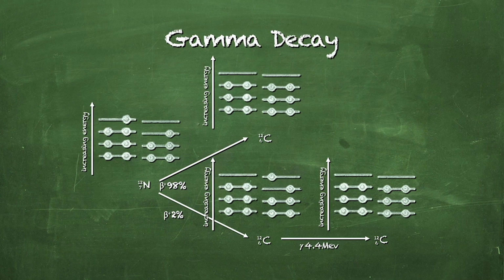If the nitrogen-12 undergoes beta decay, then 2 distinct things can happen. 98% of the time, the nitrogen-12 decays into carbon-12, and the proton that becomes a neutron goes right into the empty space in the neutron energy levels.